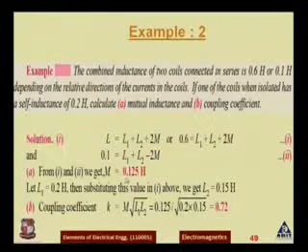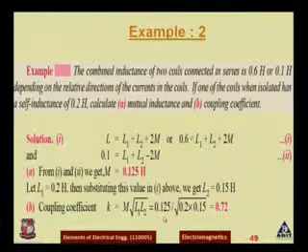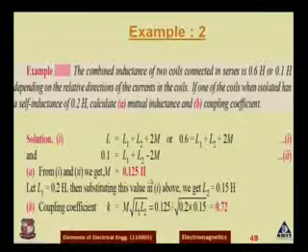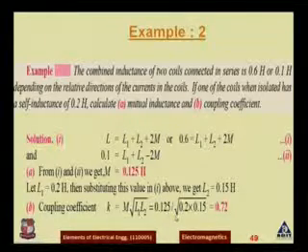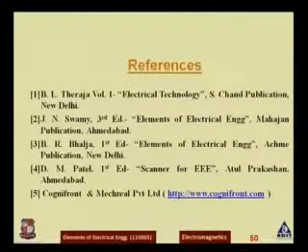What is the equation of coupling coefficient? K is equal to M over under root L1 into L2, and we know the value of mutual inductance, that is 0.125, and the value of L1 into L2 is equal to 0.2 multiplied by 0.15, that is 0.72.